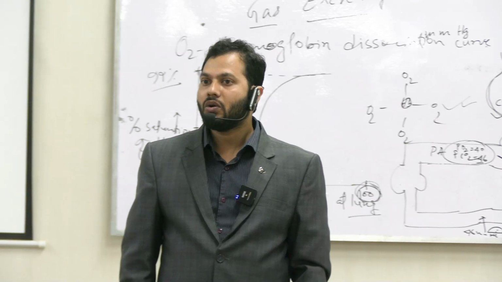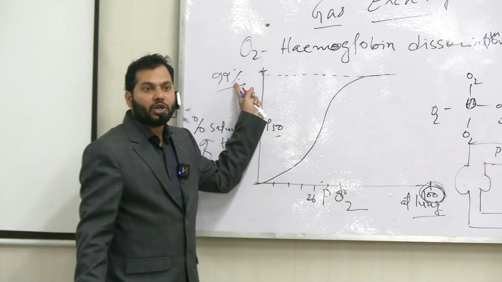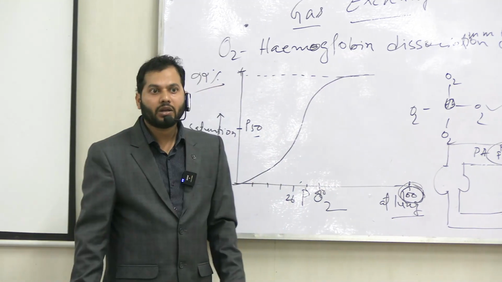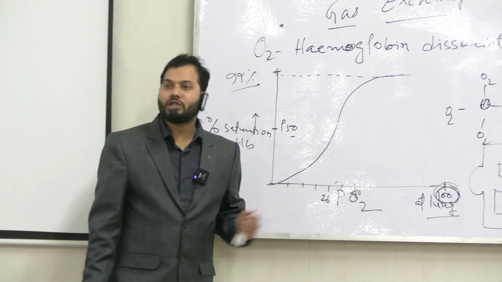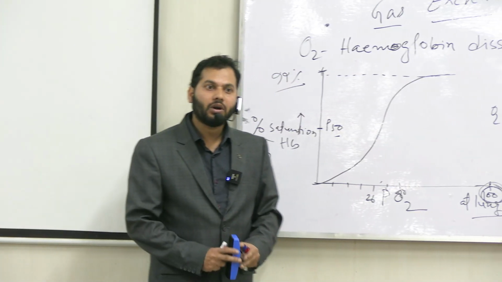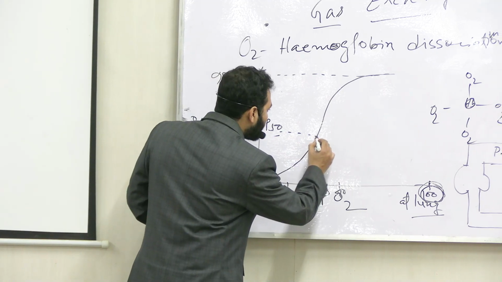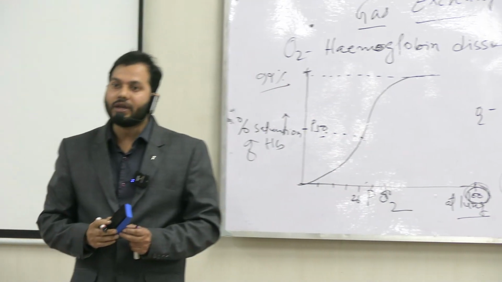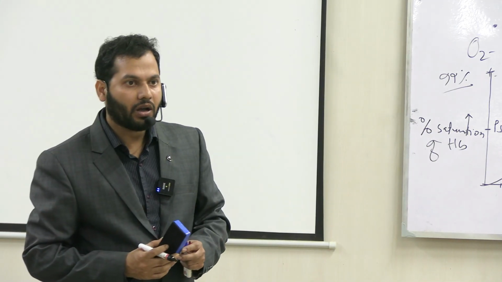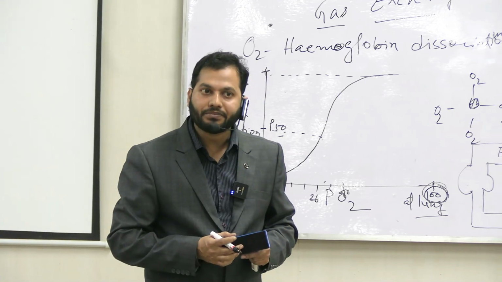Now the question is, as for the 100% saturation of hemoglobin it needs a certain partial pressure of oxygen, whether for the 50% saturation of hemoglobin it needs a partial pressure of 50? No. So here, for 50% saturation of hemoglobin, it needs a very small partial pressure of oxygen. What does it mean?